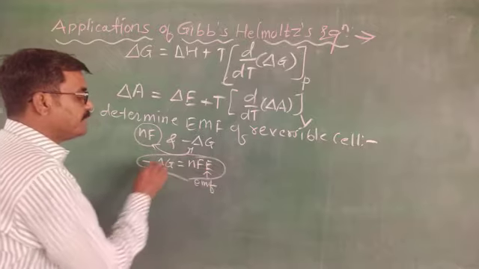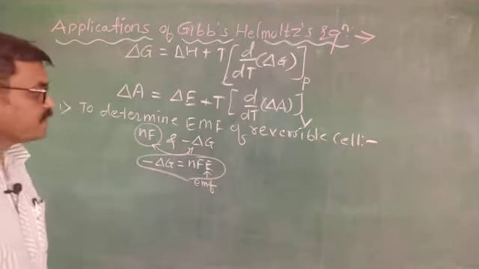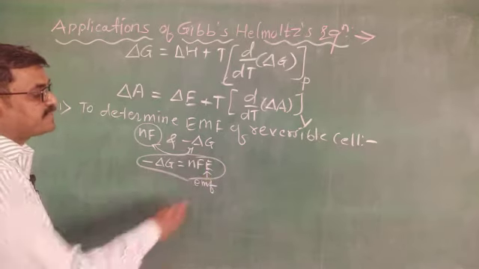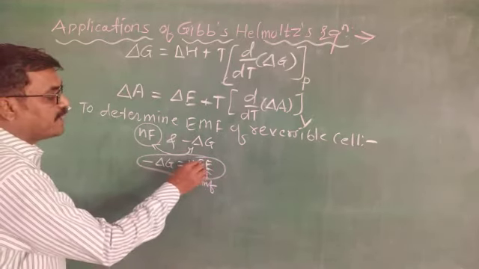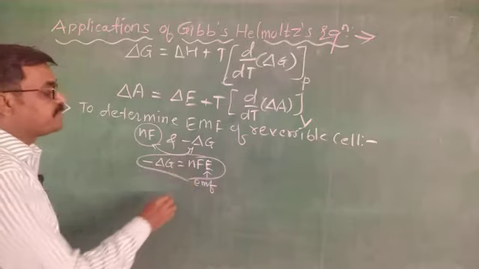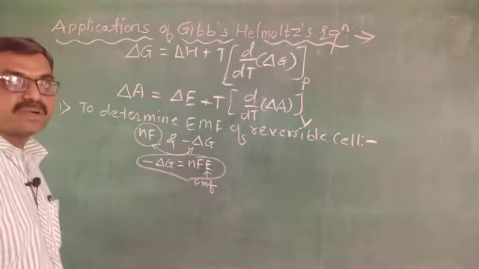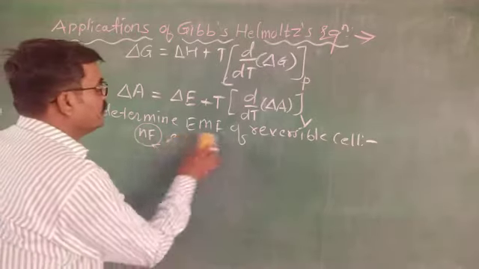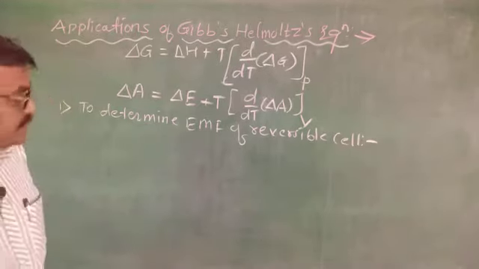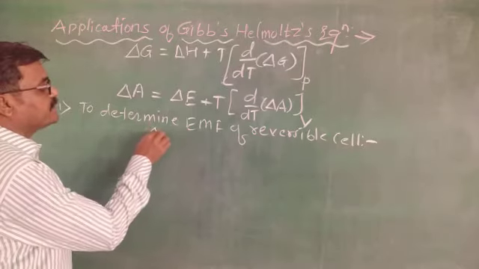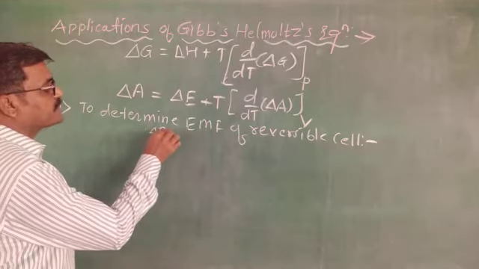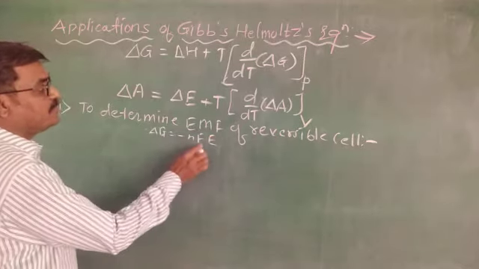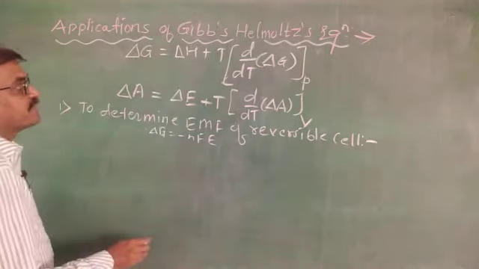It will be minus delta G equals nFE, where E is the EMF of the cell and F is Faraday's constant. No doubt n into F is the quantity of electricity passed, because n is nothing but the number of electrons transferred. Now, since delta G equals minus nFE, put this value of delta G in the Gibbs-Helmholtz equation.